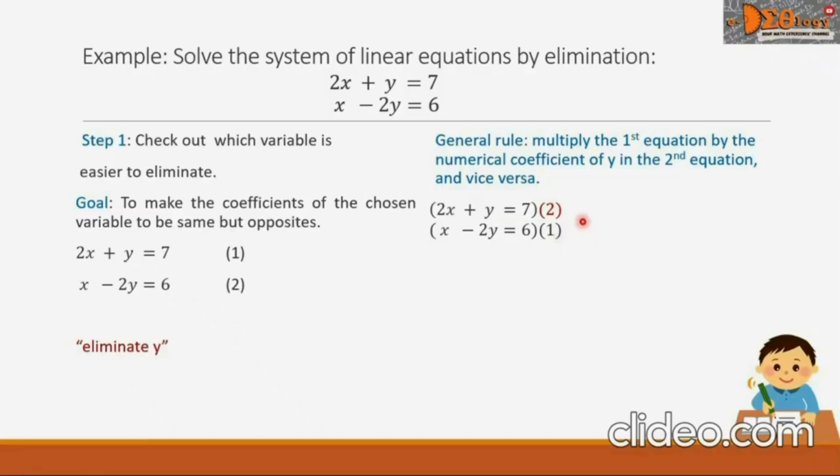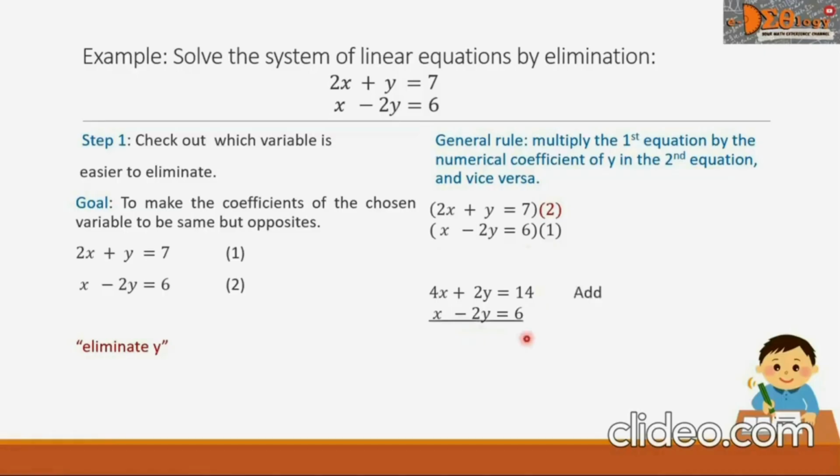Simplifying the equations, we have this 2 times 2x will be 4x and 2 times y is 2y equals 2 times 7 is 14. While the second equation, if we multiply by 1, will just be the same. That is the x minus 2y equals 6.